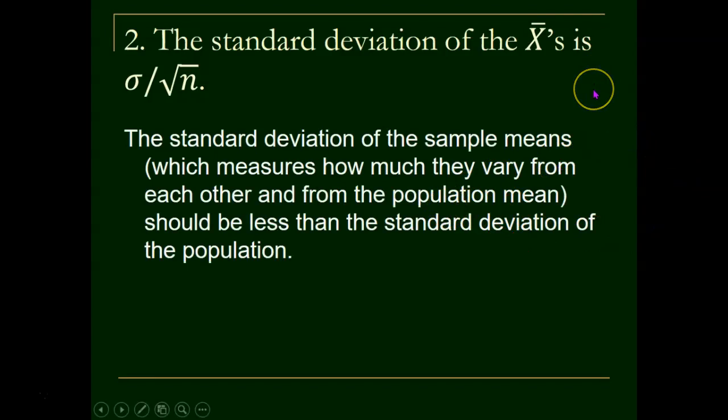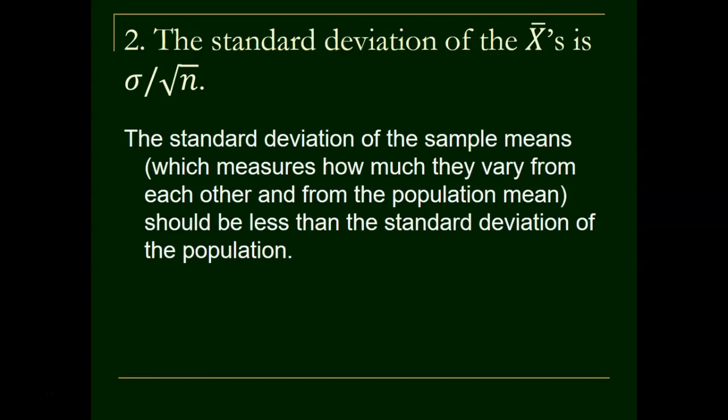So the standard deviation of those sample means is going to measure how much they vary from each other and from the population mean, how different they are from one another and from the mean of the whole population.